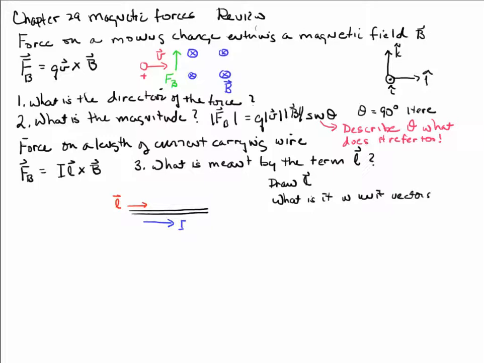What is it in unit vectors? Pause the video and write down the unit vector representation of L as a vector. And that's given by L vector equal to L times j hat. Notice that I is in the direction of the y axis, or the j hat direction.